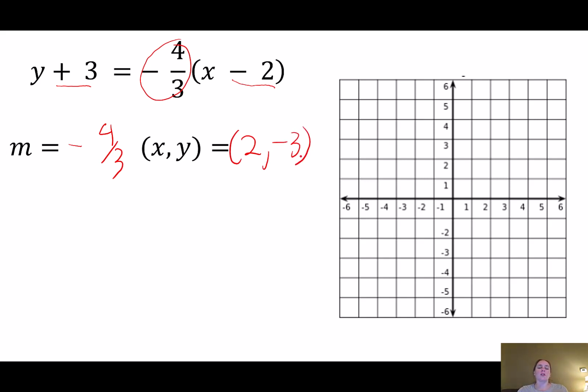So first thing I want to do is plot the point that I'm given. So in this case, 2, negative 3. So it means I go to positive 2, and I go down to negative 3. That's my first point. And then from there, I can use my slope. Well, on this, I can't go down 4, so I'm going to go up 4. But in order to make it negative, I need to go to the left 3.